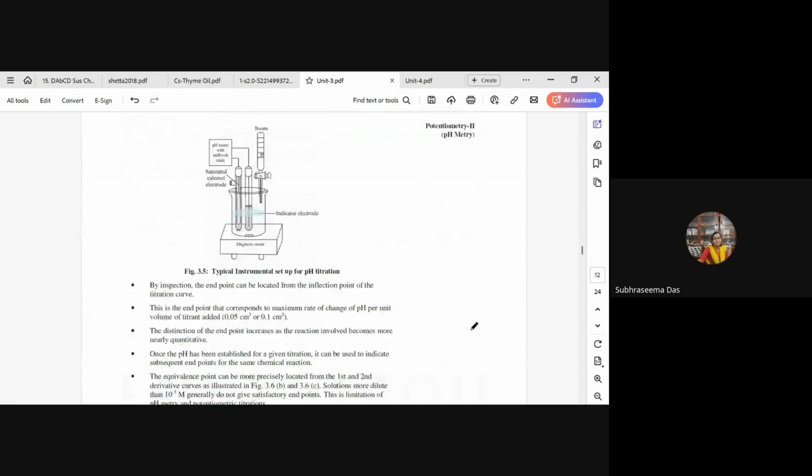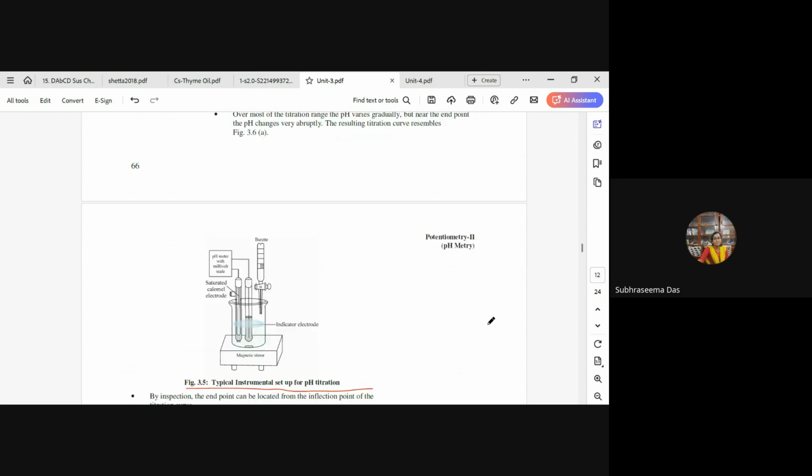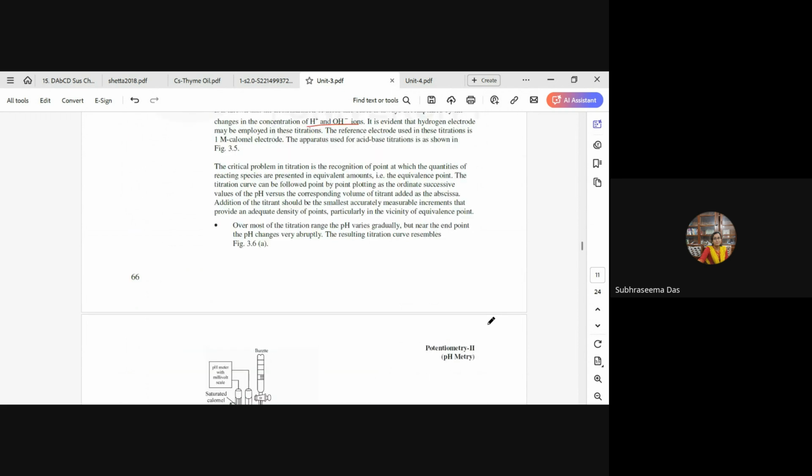In figure 3.5, this is a typical setup for a pH metric titration. One of the problems is the recognition of the end point or the equivalence point. It is very difficult to identify the equivalence point in a pH titration.